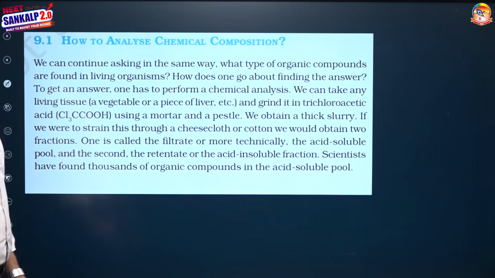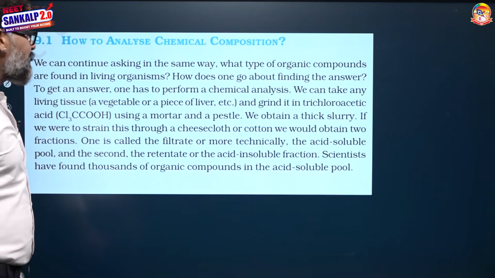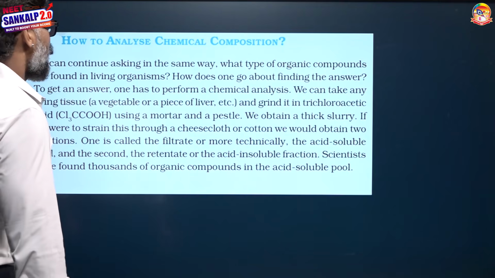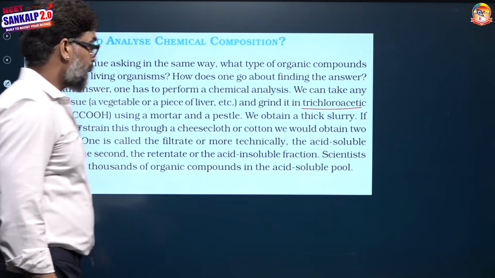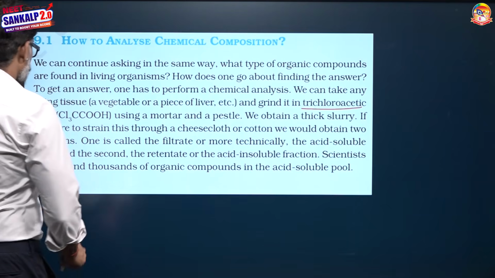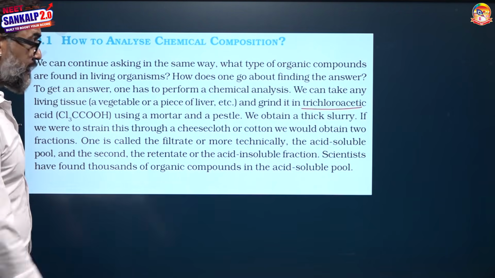How do we analyze chemical composition? To do this, there is an acid titration method, using trichloroacetic acid, with which we can carry out this analysis.